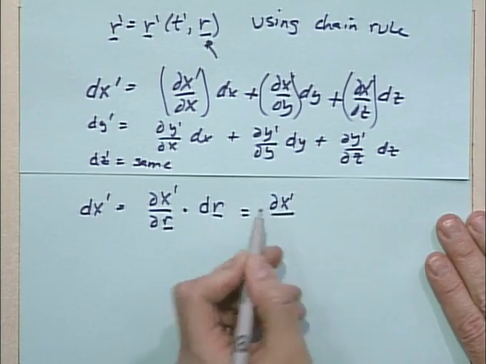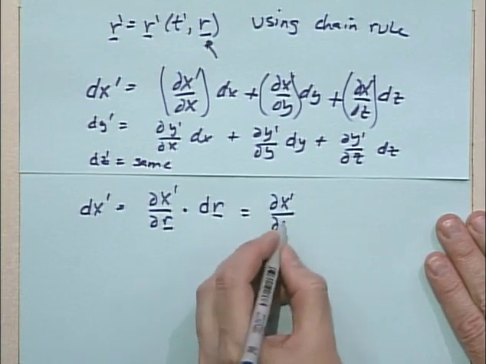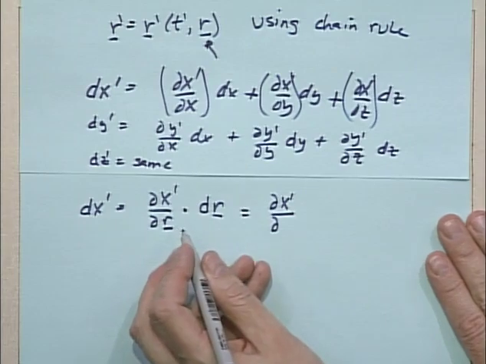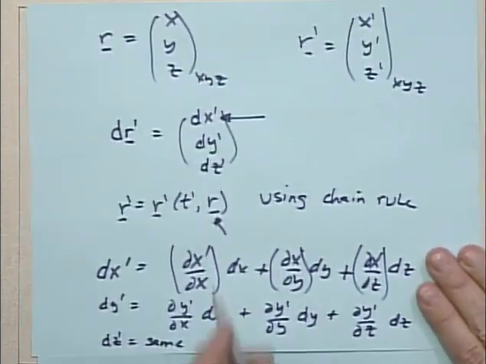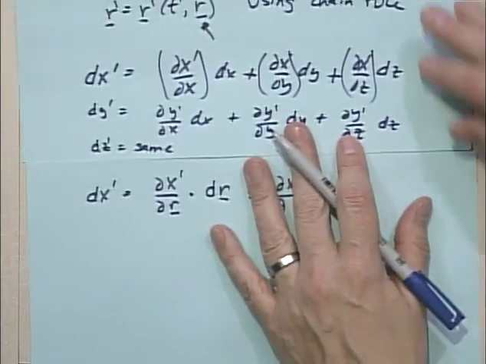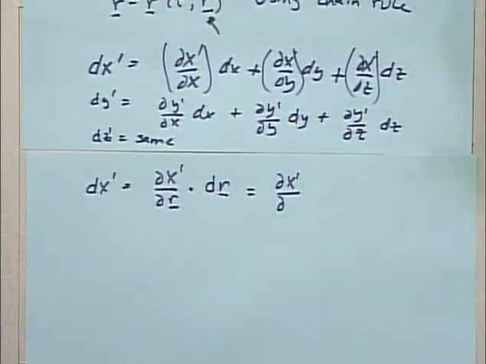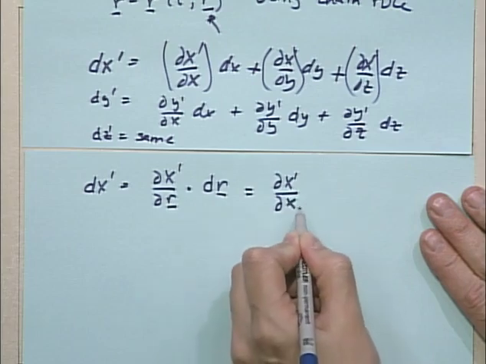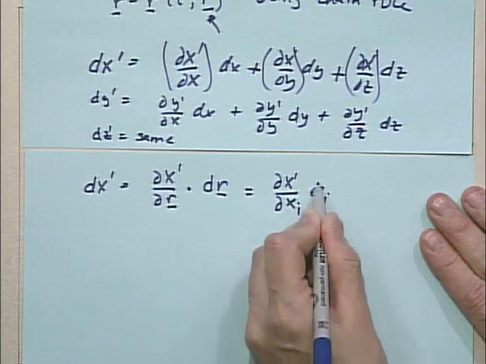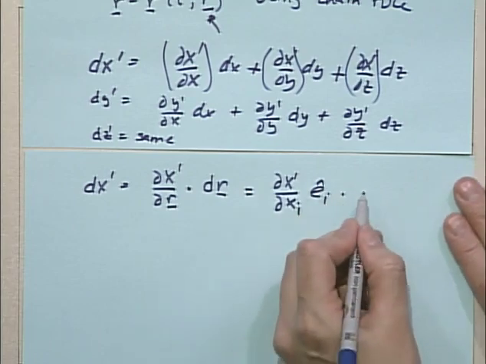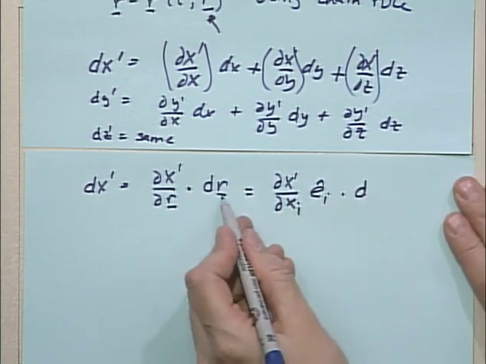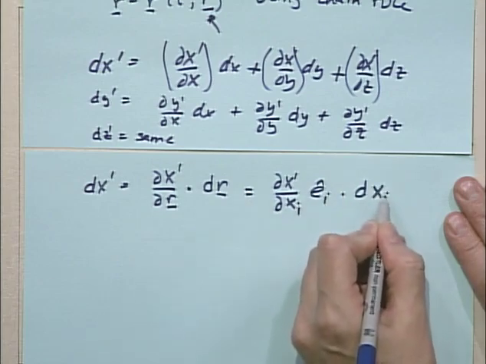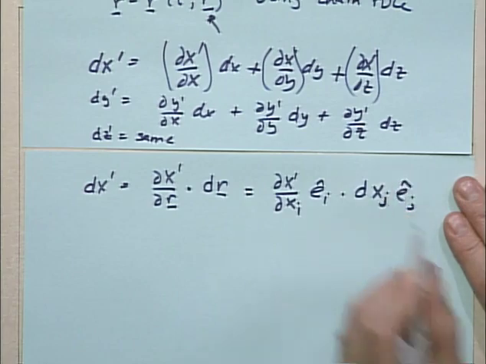Partial x prime with respect to r, well, the coefficients of r are x, y, and z, okay? So I could say with respect to x_i e_i, dotted with dr, the coefficient of r is x_j e_j, like that.